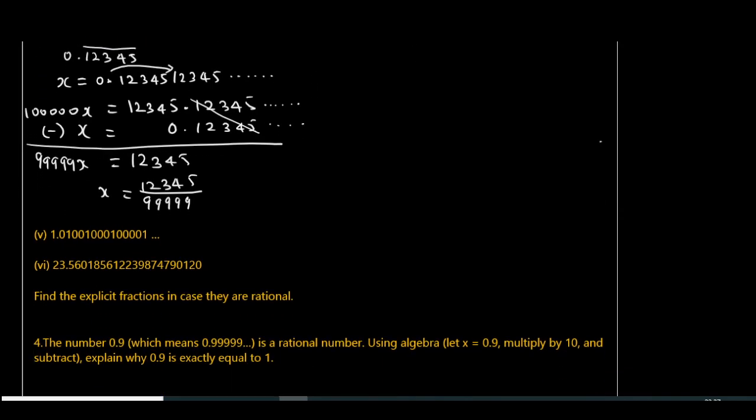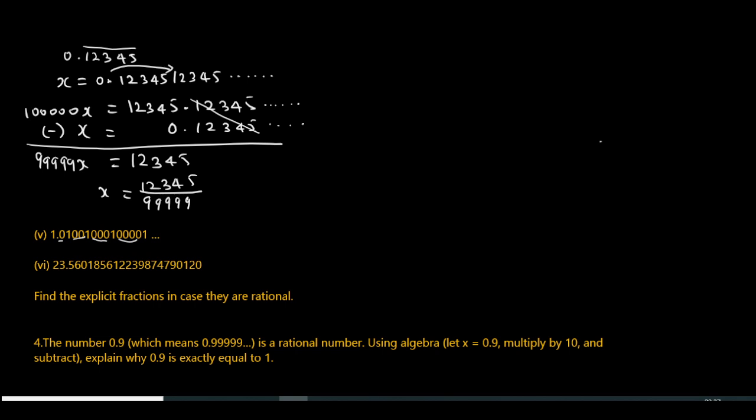Look at the next number. 1.01 and here only one 0, here 2 zeros, here 3 zeros, here 4 zeros, which means the block is not repeated. Different types of numbers are repeated there. It is not repeated in a uniform manner.